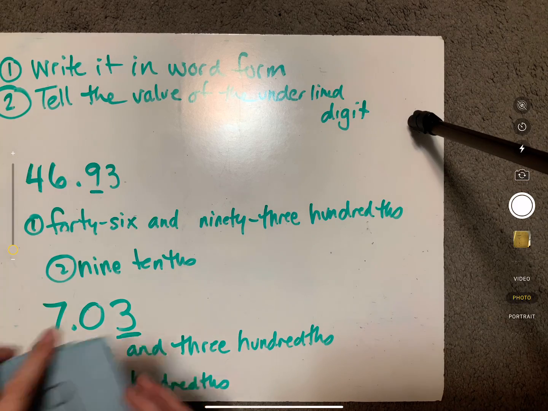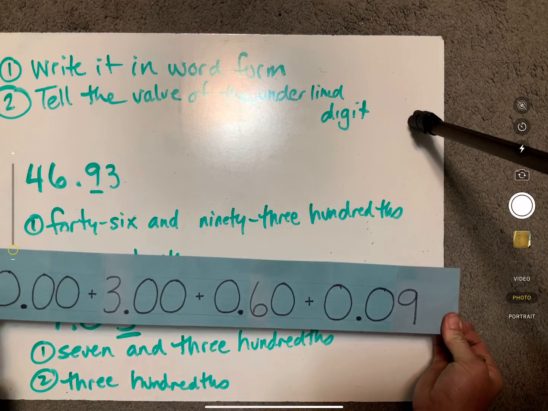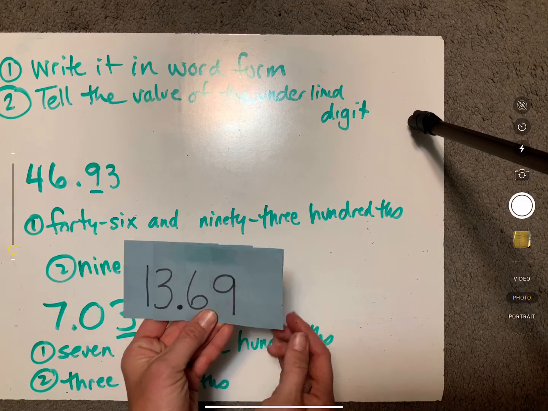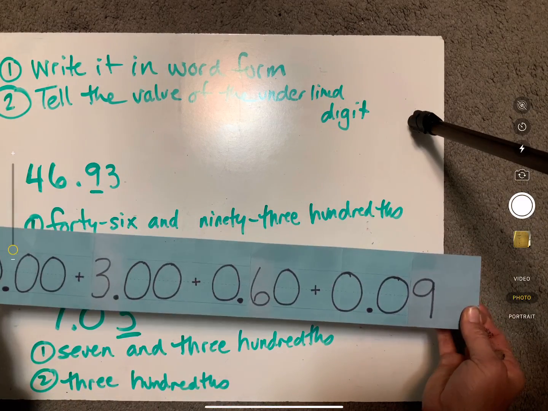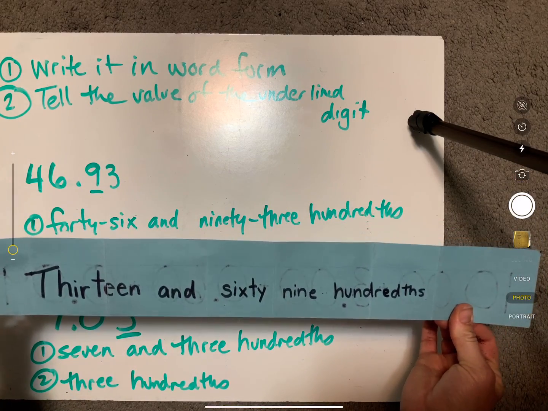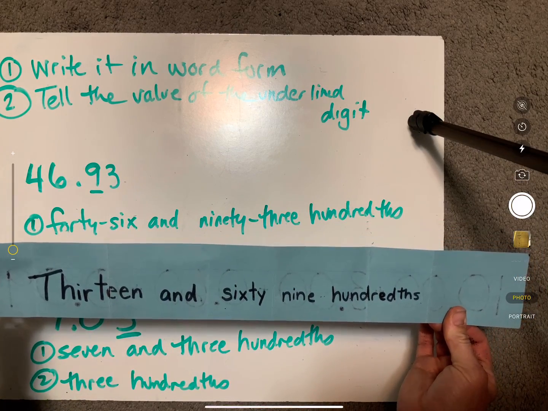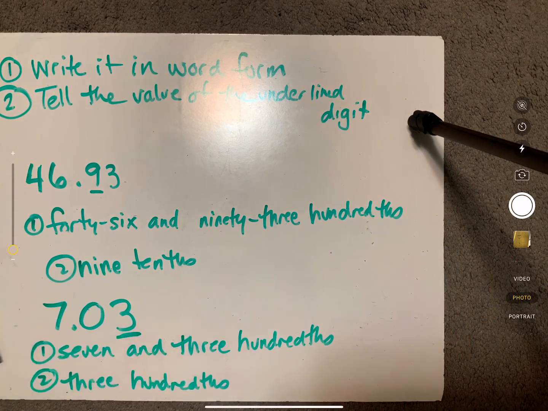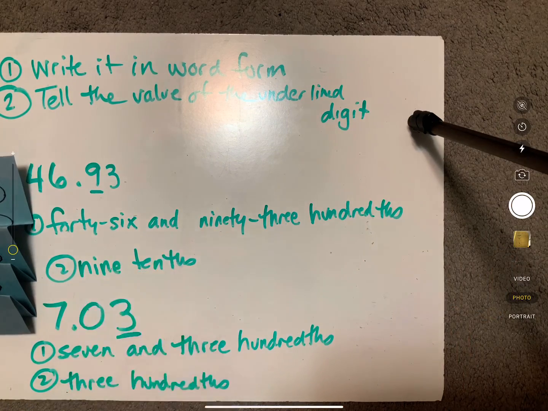So think about my accordion numbers for expanded form. This is standard form, expanded form, and then the back of my accordion number is word form. Don't forget that the "and" is going to be the thing that stands for the decimal.